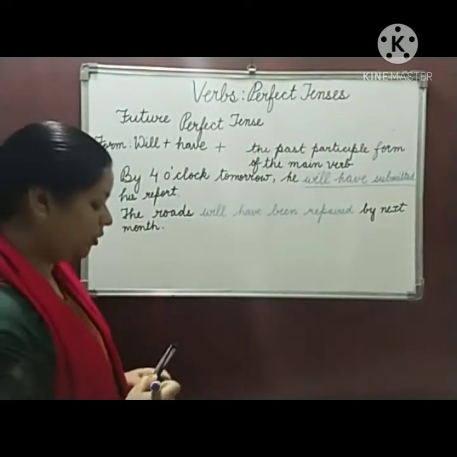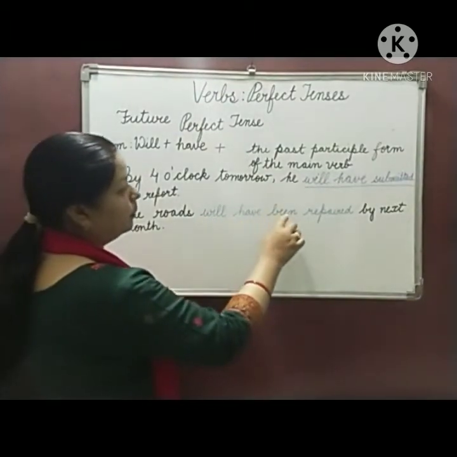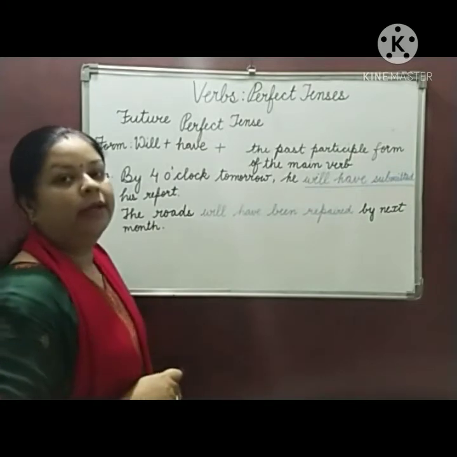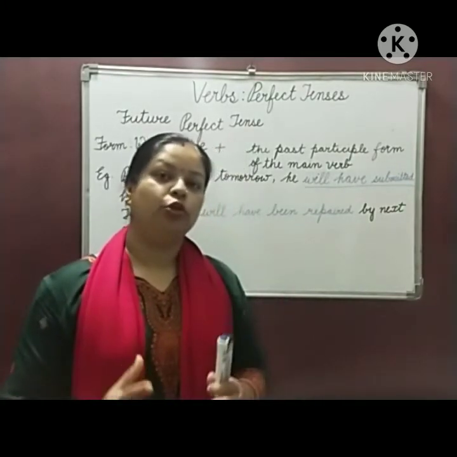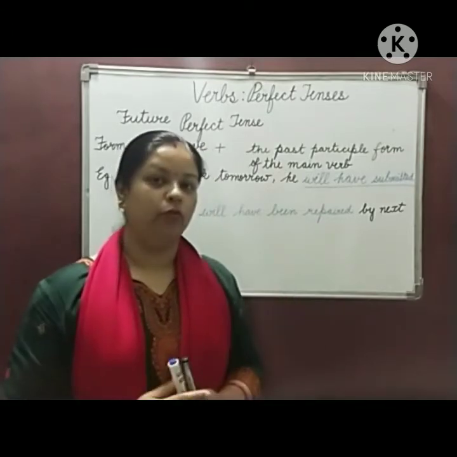The past participle form of the main verb is given here. Another example, children: the roads will have been repaired by next month. Now why have I taken this example, children? I have taken this example to show that this particular sentence is in passive voice.